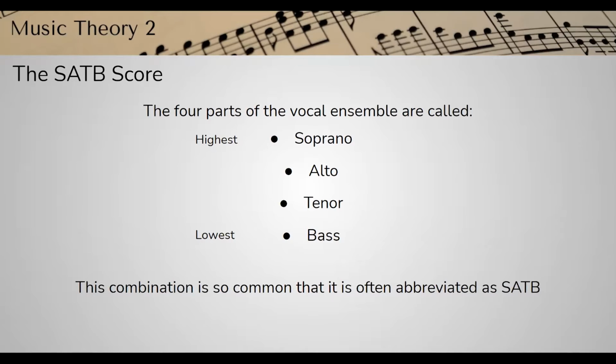This combination of voices, parts, is so common that it's often abbreviated as SATB. So you might even see that in choral music. Someone says this is an SATB score. That just means it's a vocal ensemble that has a soprano, alto, tenor, and bass. And we'll be using this combination because it really informs how to write other kinds of music too.